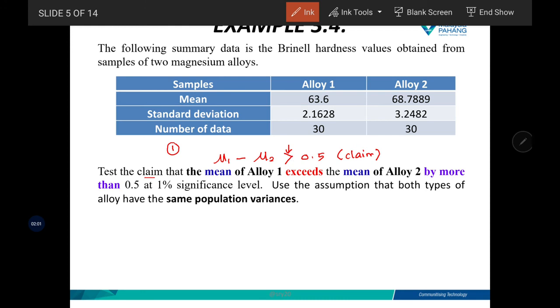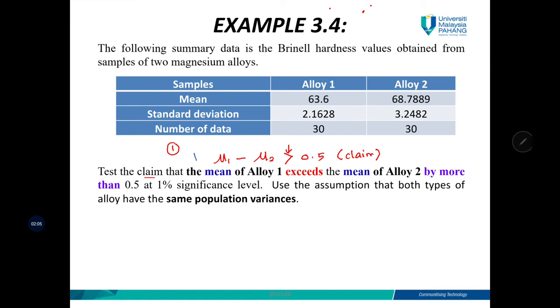Since this is greater than, with no equals to, this is H1. Automatically we can construct H null. H null for this case is mu1 minus mu2 less than or equal to 0.5. So that completes step 1, and we will go to step 2 to calculate the test statistic.